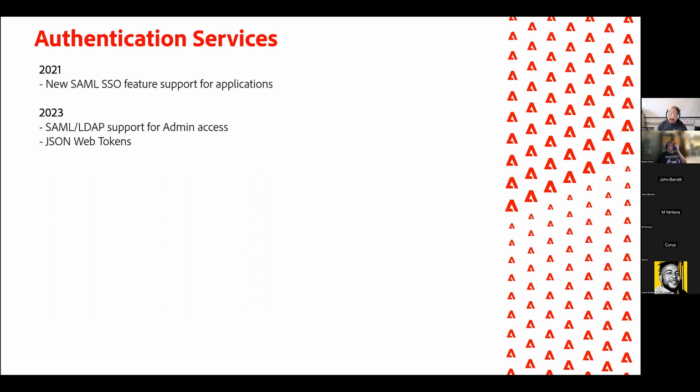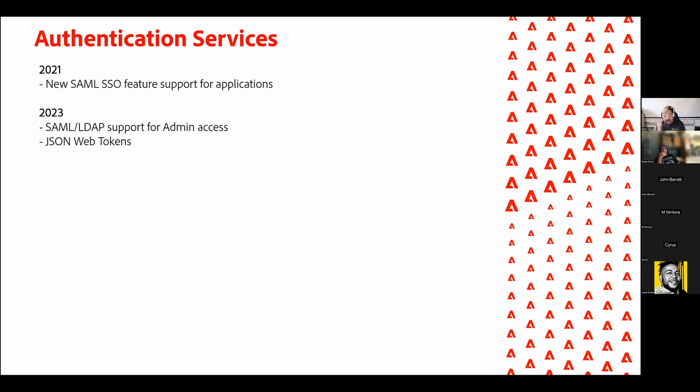At UC Davis, they actually had a whole team inside of their auth team that just maintained their custom code for running SSO through SAML with the various CF apps that they had. In 21, we added that right in, and there was much rejoicing.